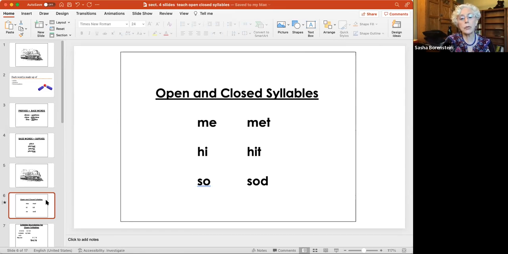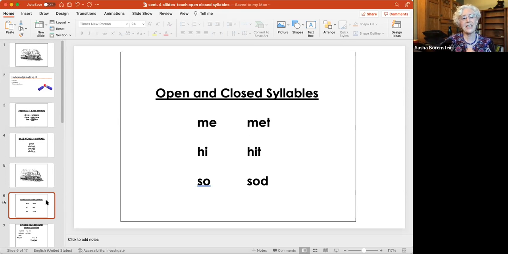Both open and closed syllables have a single vowel. And all syllable types are based upon the vowel. The difference is the sound of the vowel and the position of the vowel. When the single vowel comes at the end of the syllable with nothing after it, it is an open syllable.